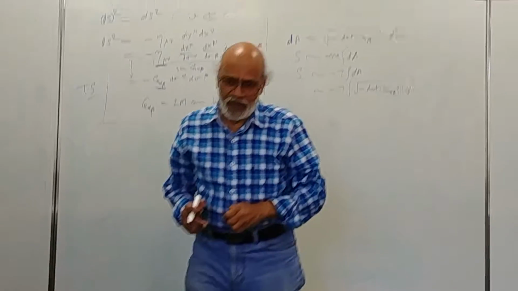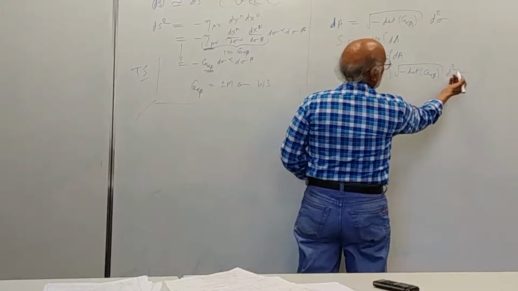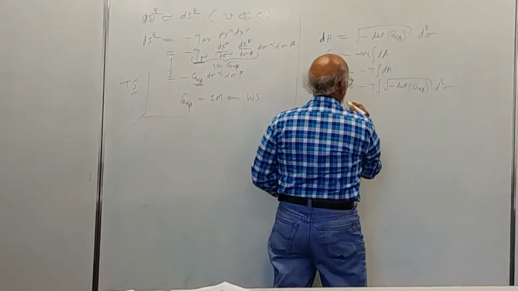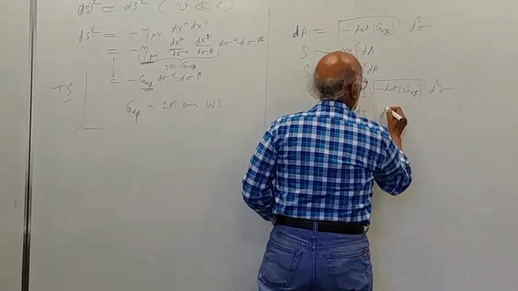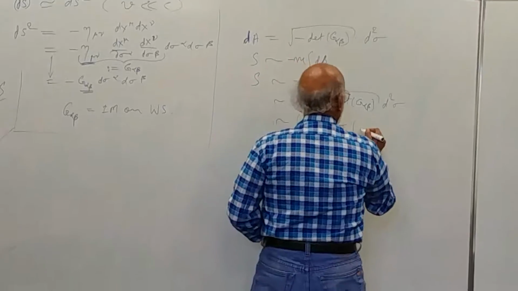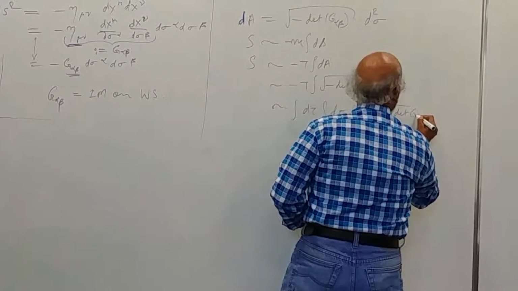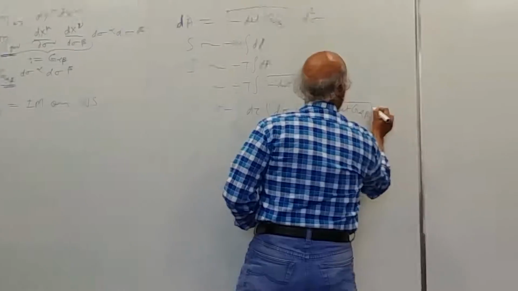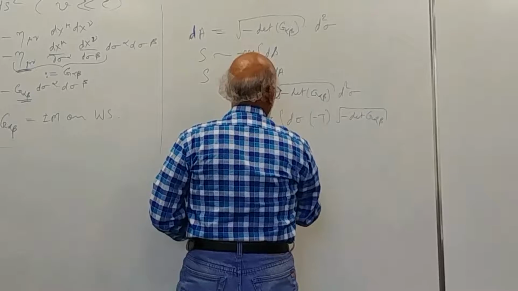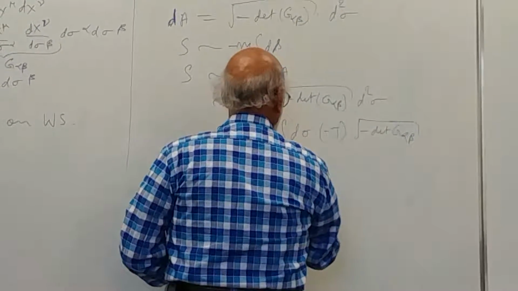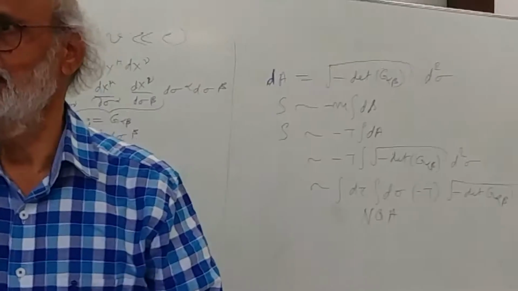This is one more important thing: this is an integration over d tau and d sigma of the square root of minus determinant of g alpha beta, and this is your famous Nambu-Goto action for the one-dimensional strings, or string theory.